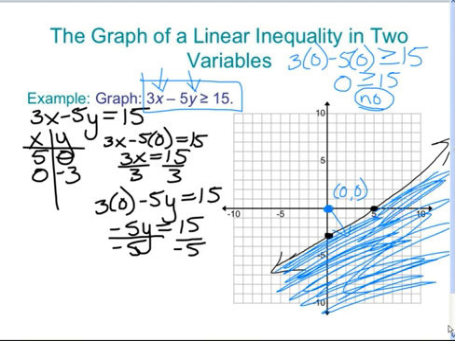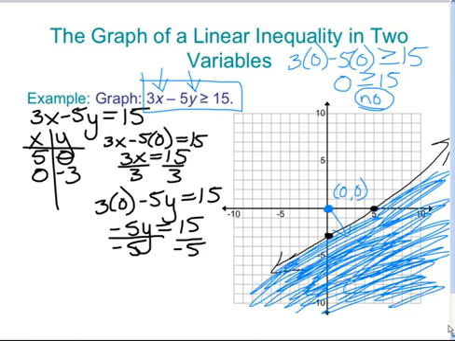What the shading tells you is that every point that's shaded will be a solution to the inequality. So let's suppose you were to check the point (0, -10), which is down here. If you were to test it in this inequality, you would get a true statement.